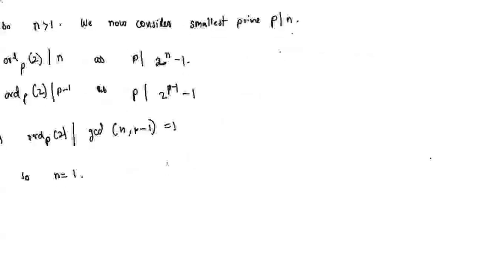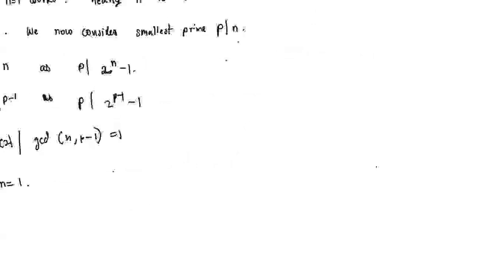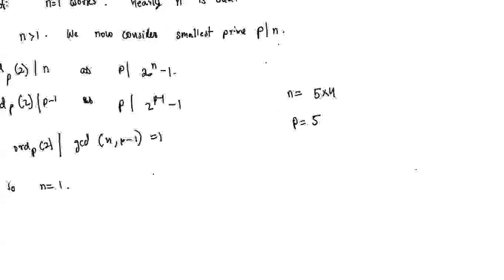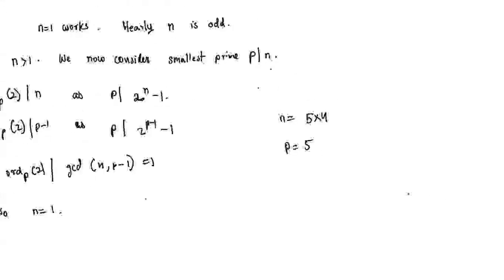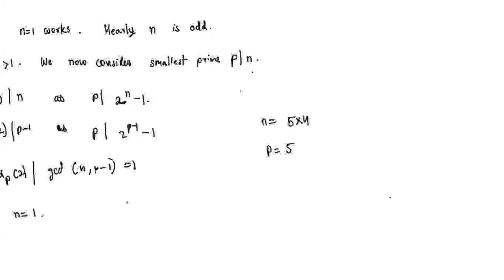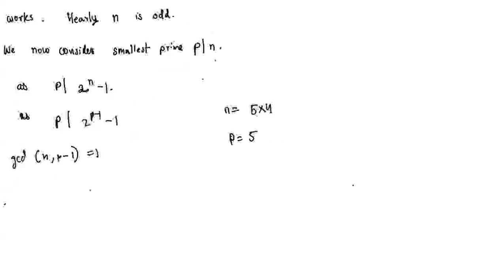How about this? Consider n to be something like 5 times 4, and the prime is 5. Then the GCD of n and p minus 1 is not 1 here.